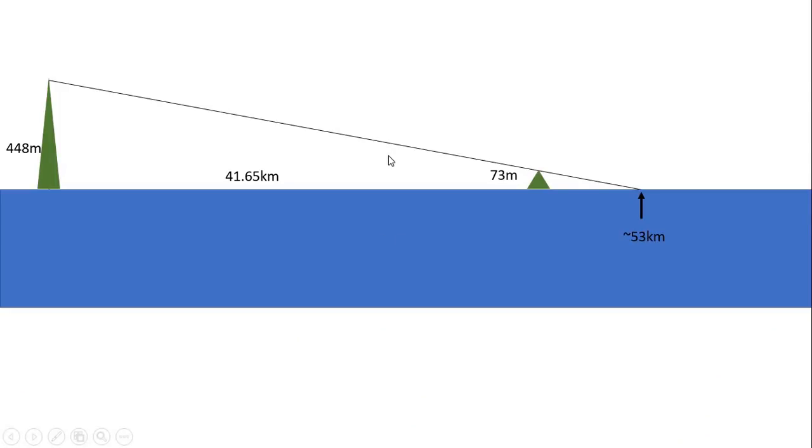Looking at this in a side-on diagram, you see that on a flat Earth, we should be able to see to the water and see the water beyond. This is what we do see. But as you may remember from the earlier diagram, the distance at which we are actually going to be able to see that water is not that different from this vantage point to the original vantage point. They are, to all intents and purposes, the same.